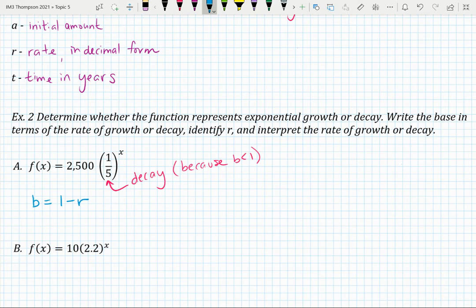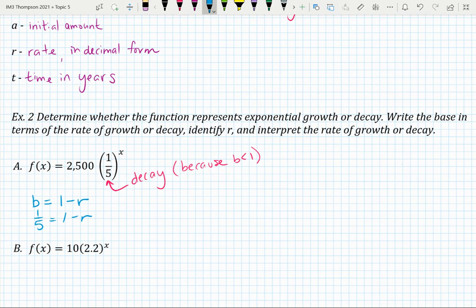So whatever's inside these parentheses, that is b. So 1/5 is equal to 1 minus r. Find r. You can find r by either moving r to the left-hand side and then subtracting the 1/5, or you could move the 1 over and then take the opposite.